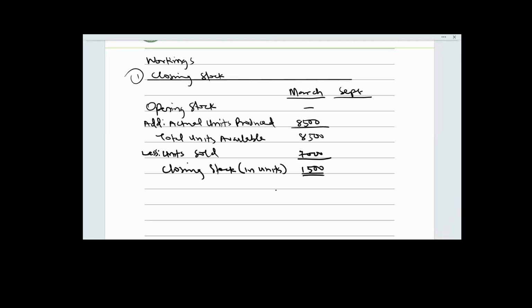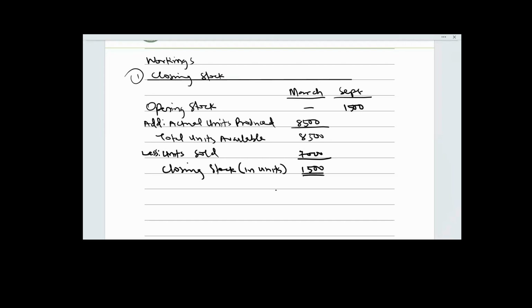Now, we are moving to the period ending September. The opening stock in September will be equal to 1,500. As we are moving to 1st April, the closing stock in March will become opening stock in April. So here will be 1,500.